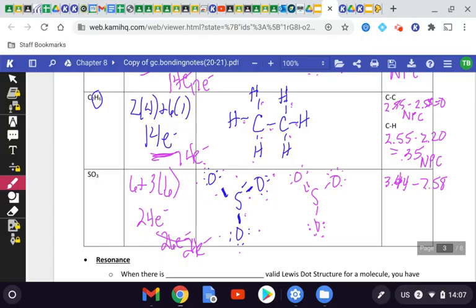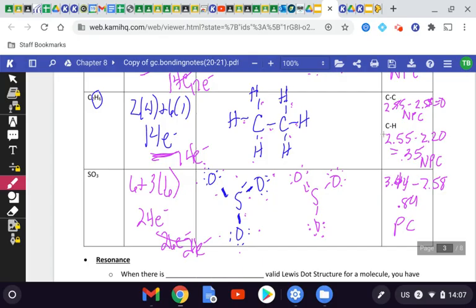Of course, my calculator just died on me, because why wouldn't it? That value is 0.84. So I just did that in my head. I might be wrong, but regardless, it's above 0.40. So this is going to be a polar covalent bond type.